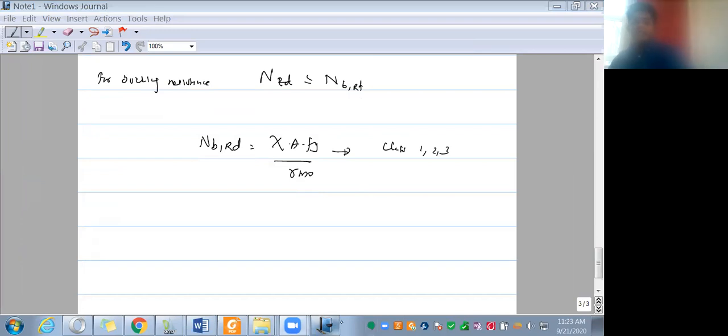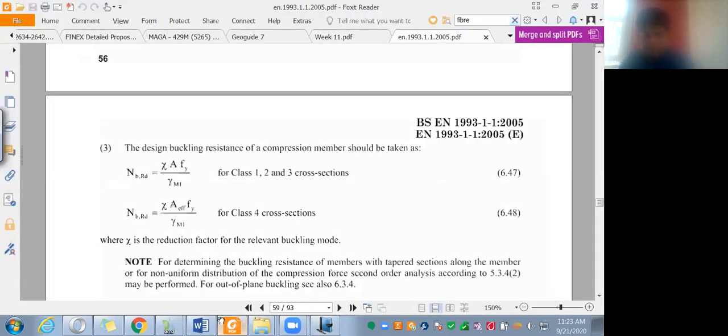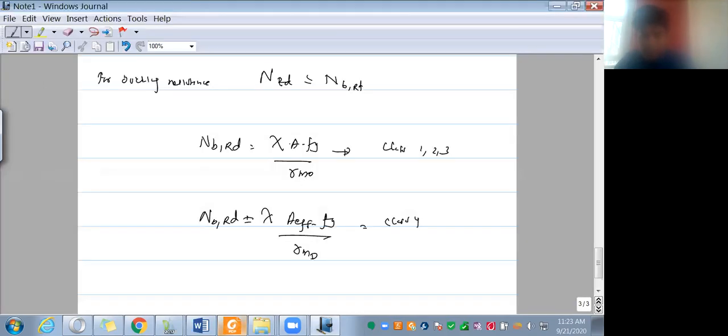Then you have another option, NBRD is chi into A effective into Fy over gamma M1. That is for class 4, because there is a reduced area, A effective, into Fy. So that is for a class 4 cross section.